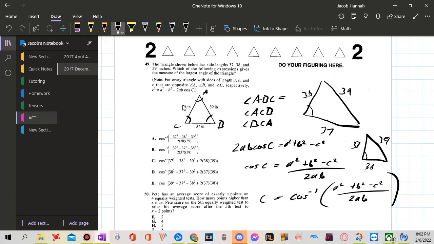Your A squared is going to be 37, B squared is 38, and then minus 39 squared. Since all these three aren't fractions, you can cross out most of these.